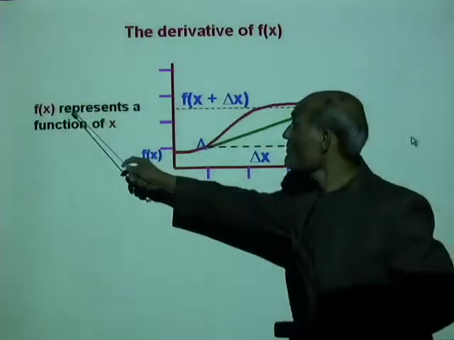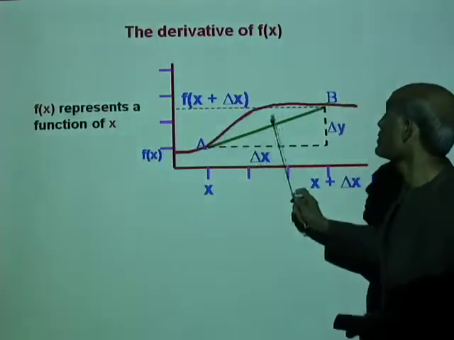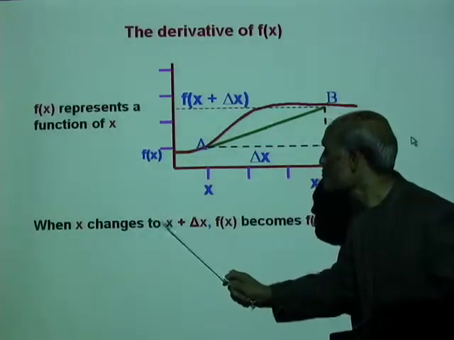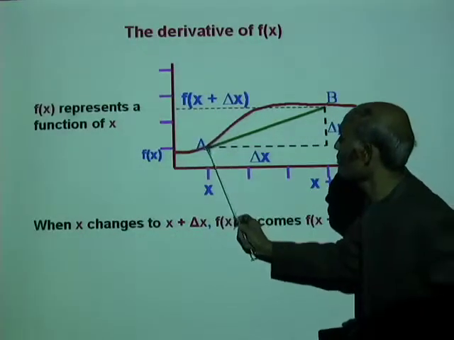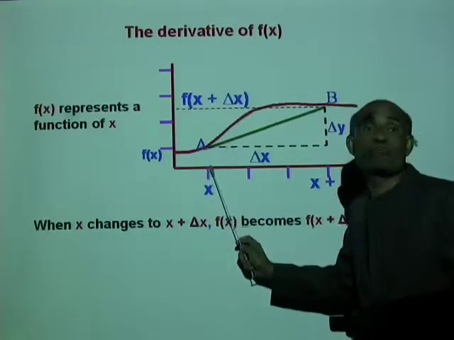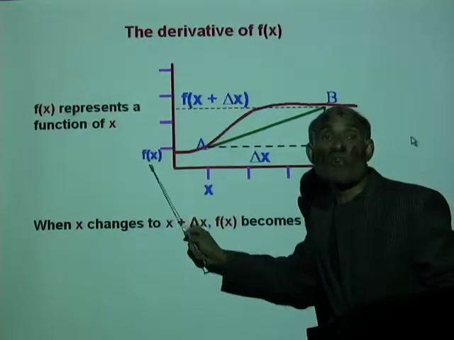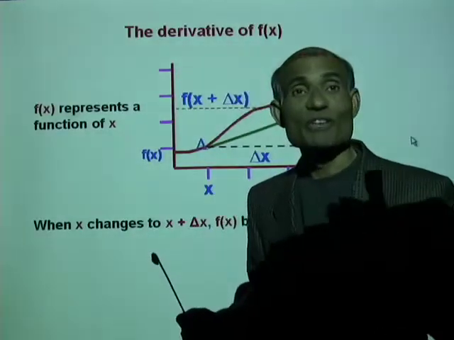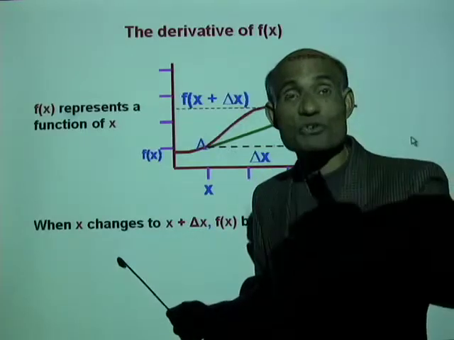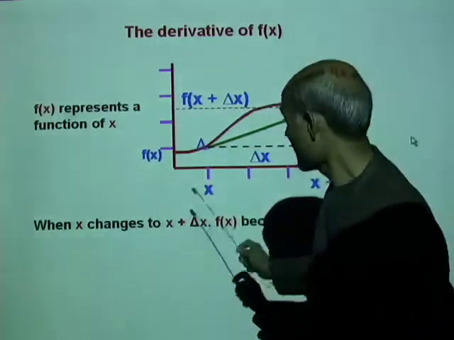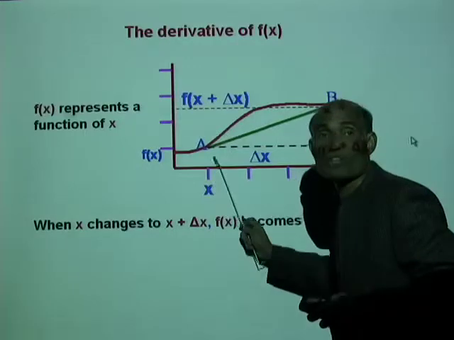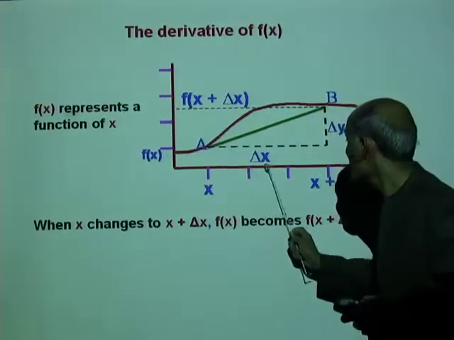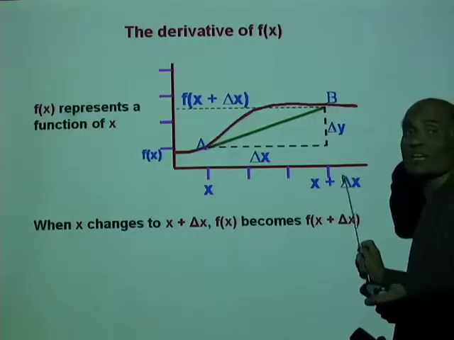Now, if f of x represents the function of x, then when x changes to x plus delta x, look at this, when the input is x, the function is f of x. Is that right? Just like when you work for 2 hours, the output is f of 2 equal to $20. So when the input is x, the output is f of x. Now the input is going to increase by a quantity called delta x.